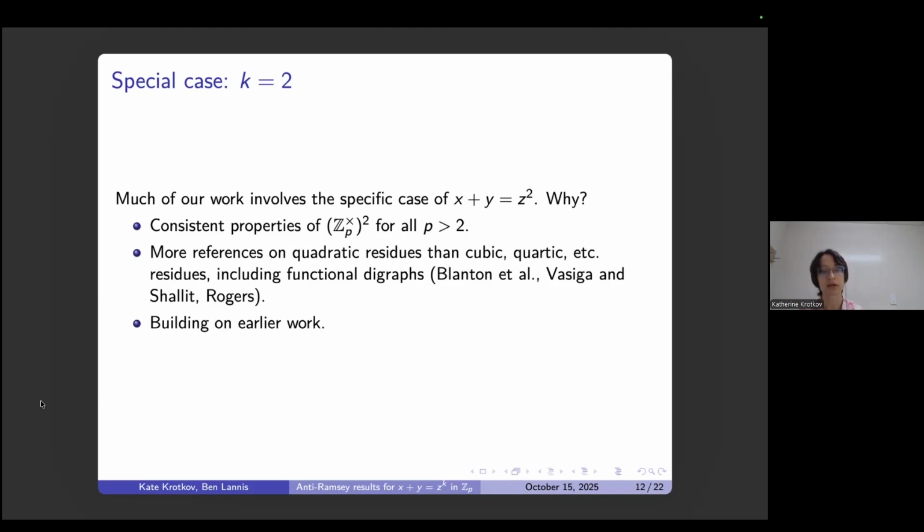And even though we cannot use the same technique that they used to generalize their results, because, a slight addendum to what was said earlier, there is a dominating color for the nonlinear equation x minus y equals z squared, and they used that to generalize and come up with a lot of their results. We cannot do that, so we need to come up with new techniques, but we hope that starting with the k equals 2 case is going to help us generalize to higher powers of k as well.